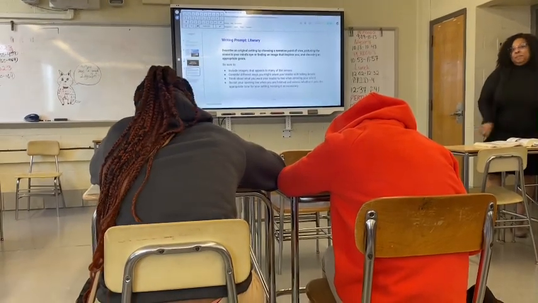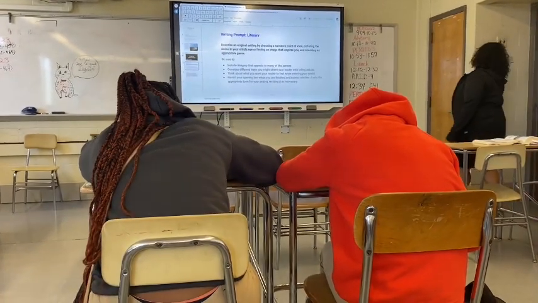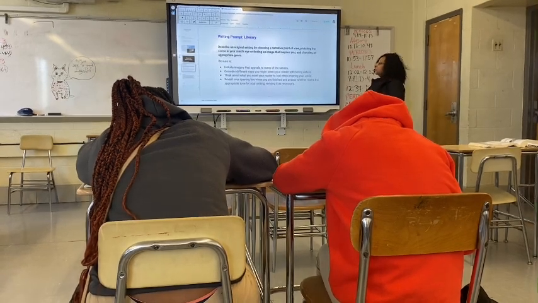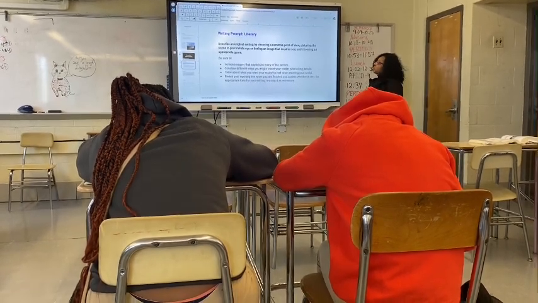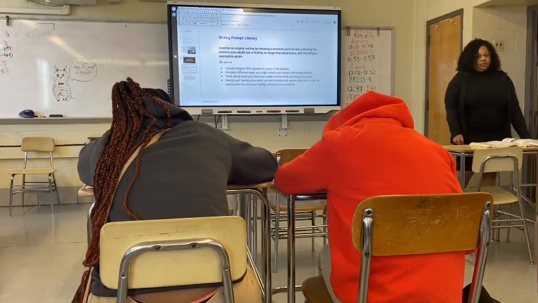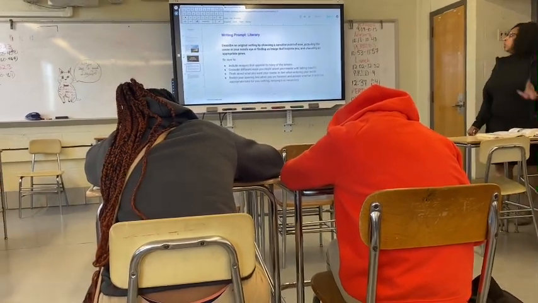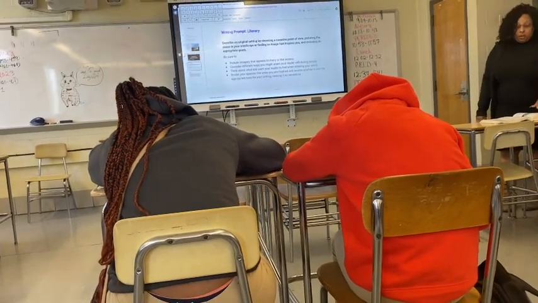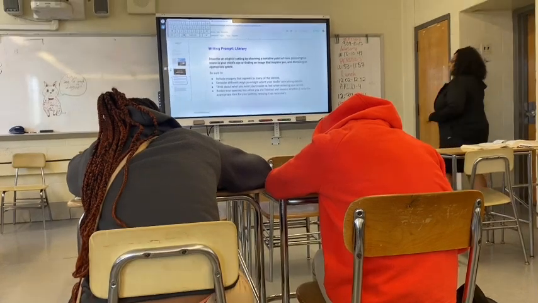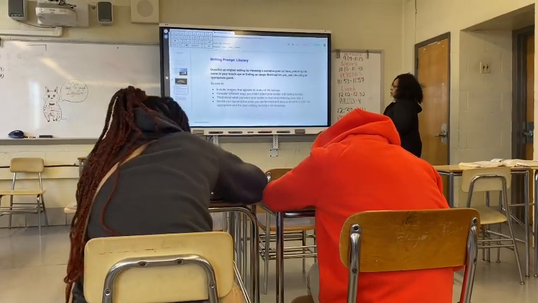Okay, good. Go ahead. Describe an original setting by choosing a narrative point of view, picturing the scene in your mind's eye or finding an image that inspires you, and choosing an appropriate genre. Be sure to... No, you can stop there. Okay. Go ahead and pick up, Kim. Include imaginary imagery that appeals to many of the senses.